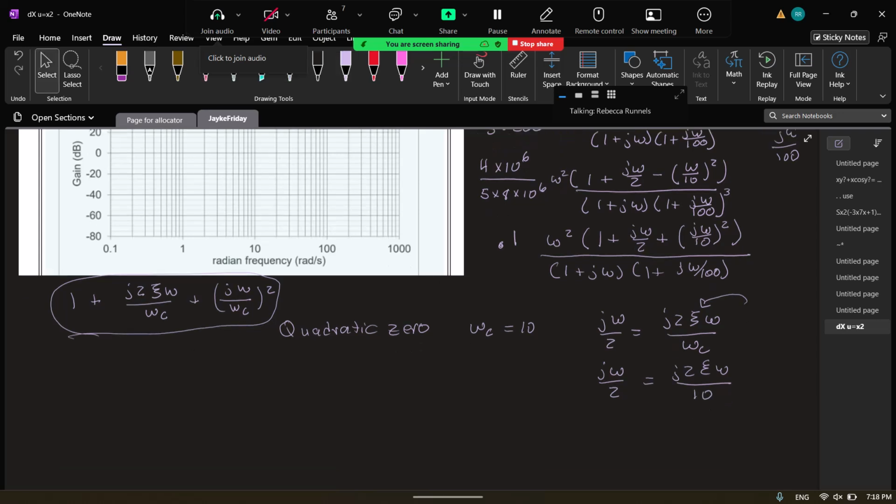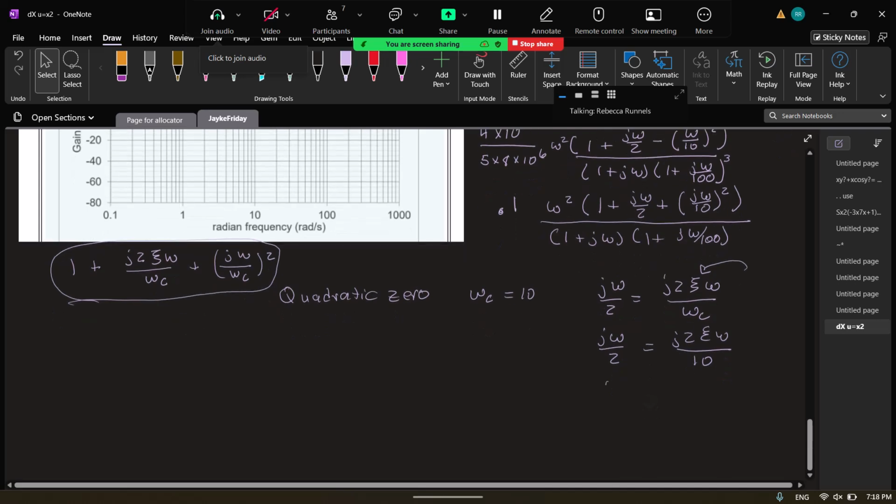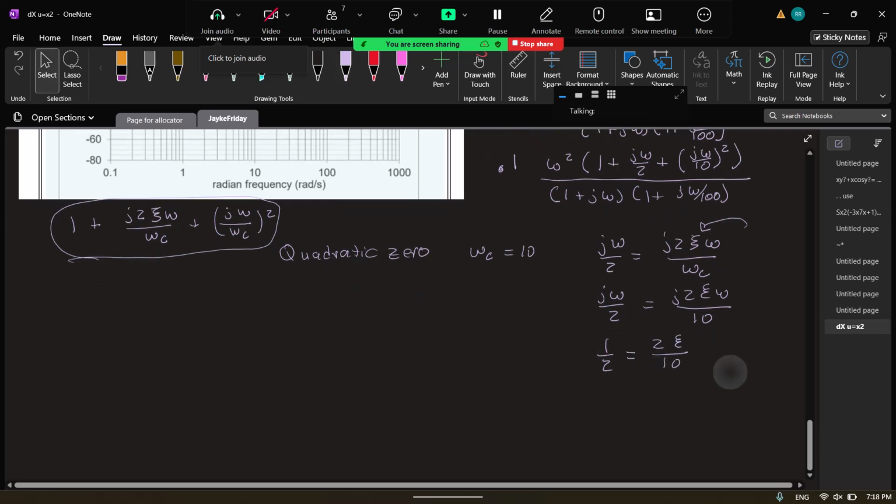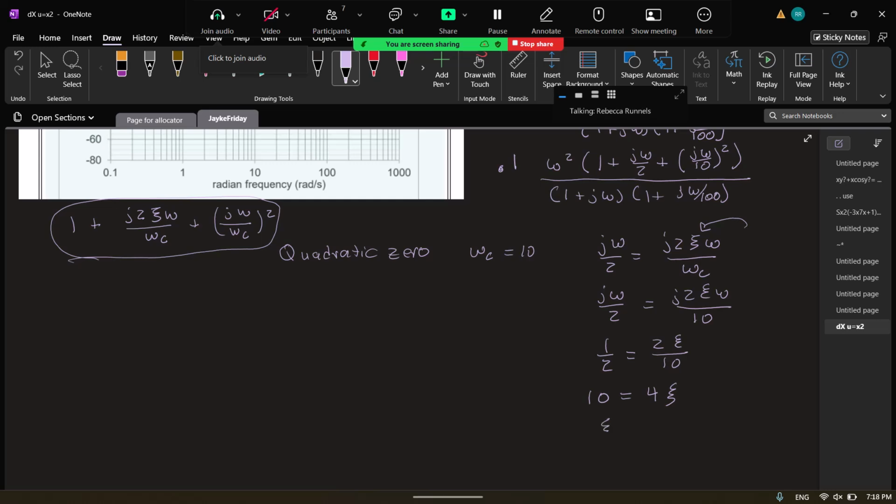So our j omegas cancel, and I get 1/2 equals 2 zeta over 10, or 10 equals 4 zeta, or zeta equals 10 over 4, or 2.5. So that's the damping factor.